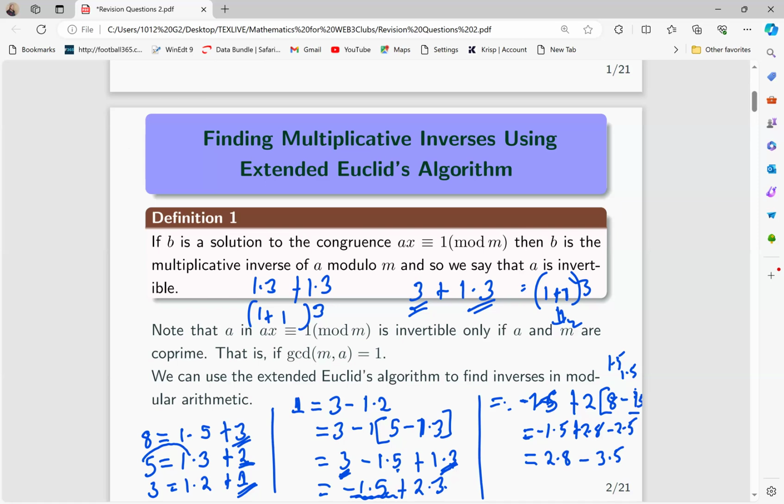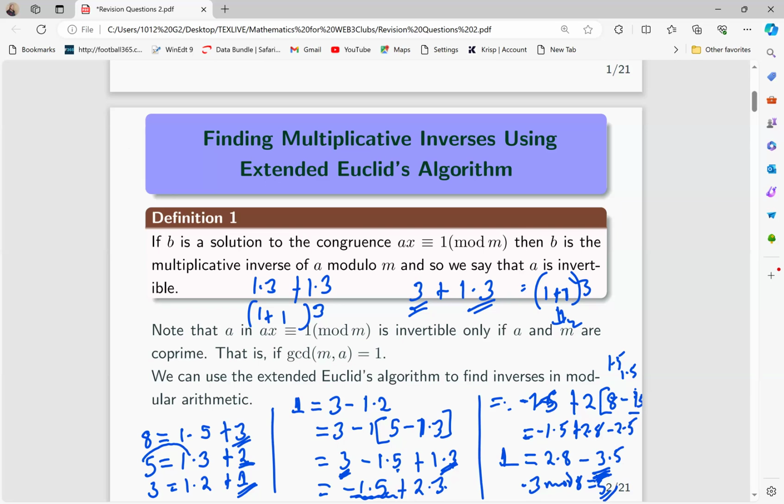We understand that the inverse of 5 is that element which, when multiplied by 5, gives you 1. We found that that element is negative 3 mod 8, which is the same as 5. Negative 3 mod 8 is the same as 5.